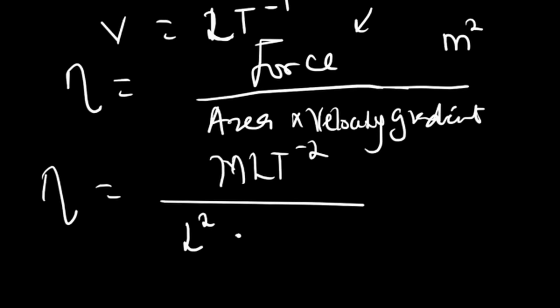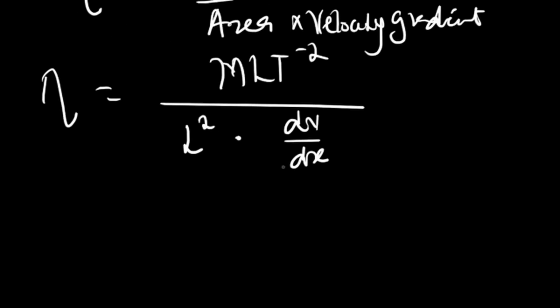Now, what is velocity gradient? Velocity gradient is simply the rate of change of velocity with respect to distance. So this can be written as dv over dx. Now, let's do this step by step so that we will not make any mistakes. We want to determine correctly the dimension of this eta, or viscosity.